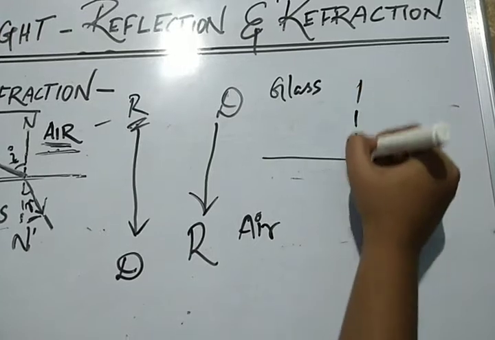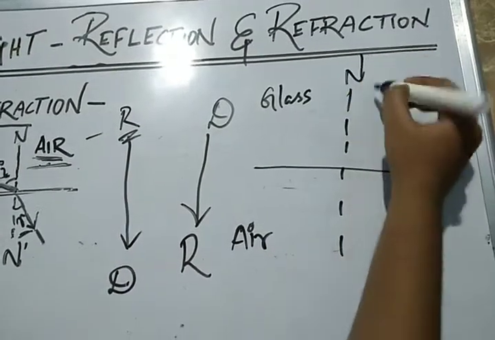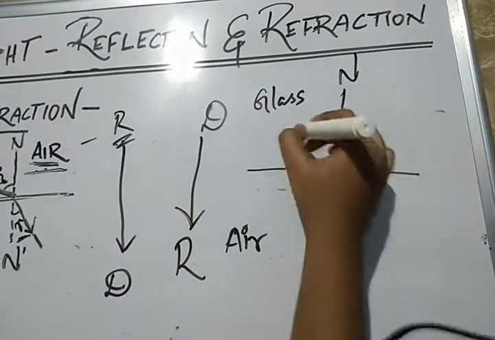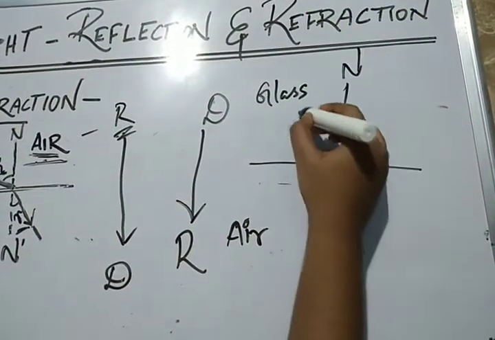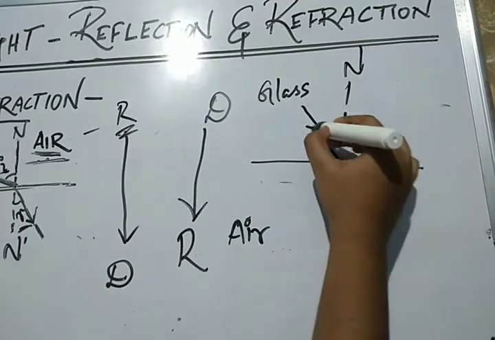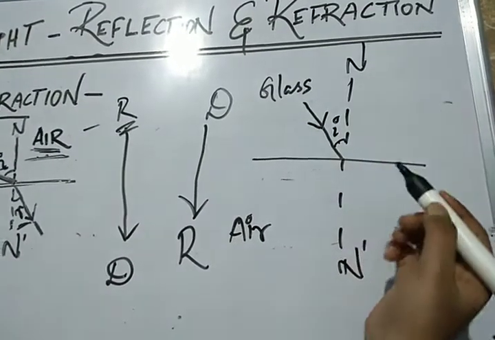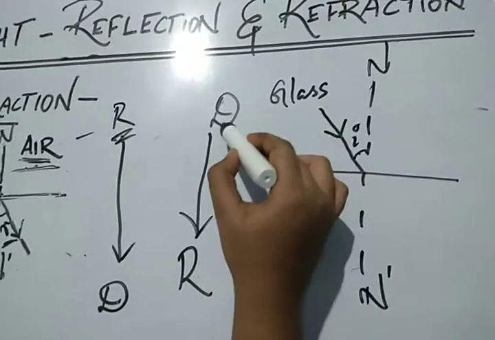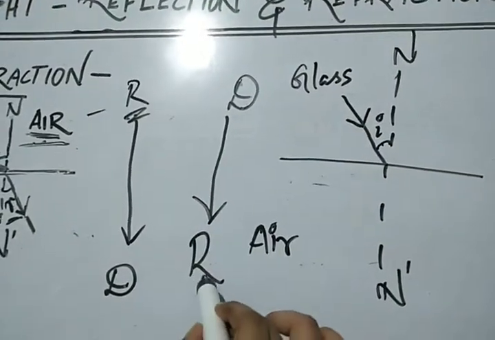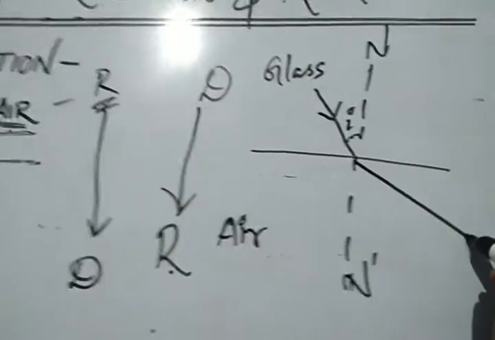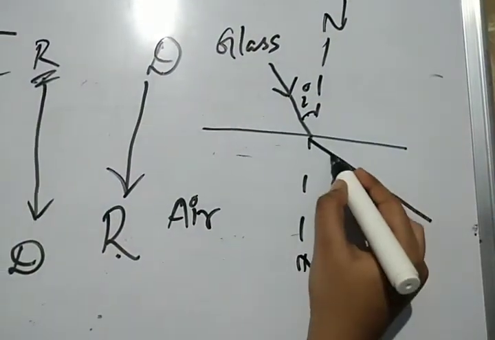This is the normal, N dash, and this is the glass. This is the incident ray, angle of incidence. What happens when light travels from denser medium to rarer medium? It moves away from the normal.